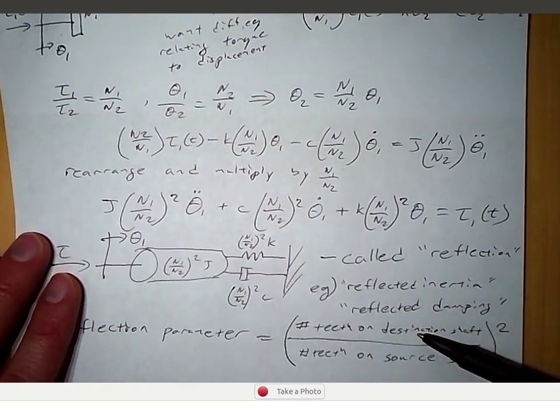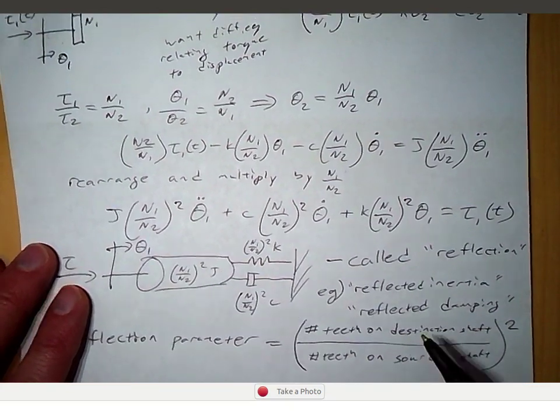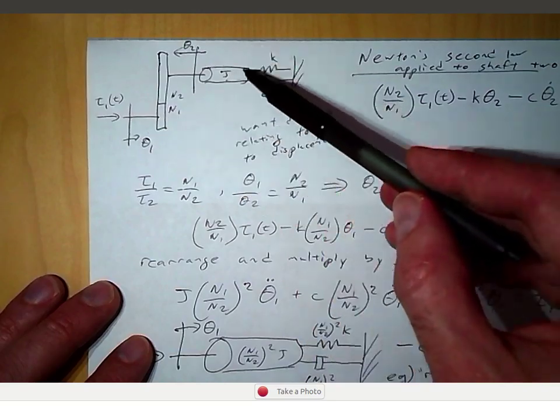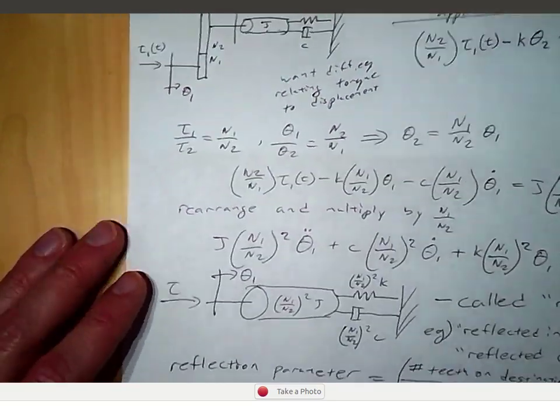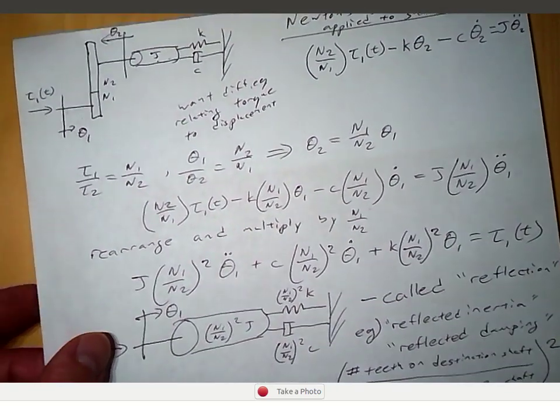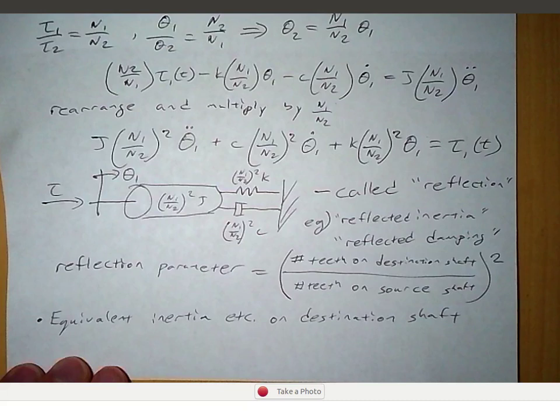N1 is the destination shaft, and N2 is the source shaft, because it moved to shaft 1 from shaft 2. This parameter is used to get an equivalent inertia, etc., on a destination shaft.